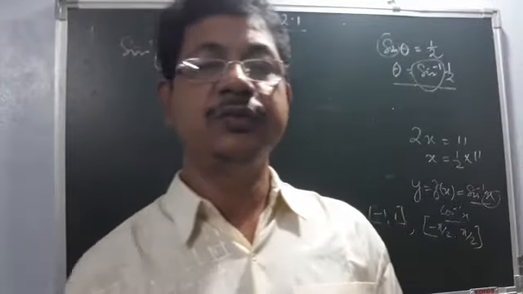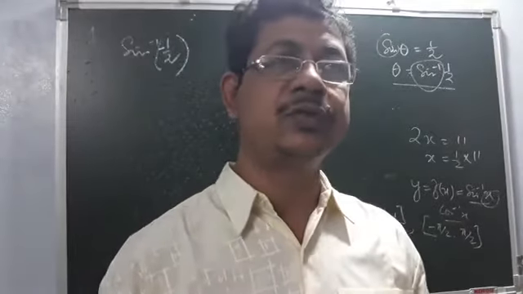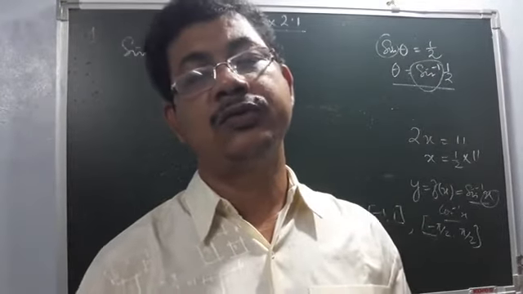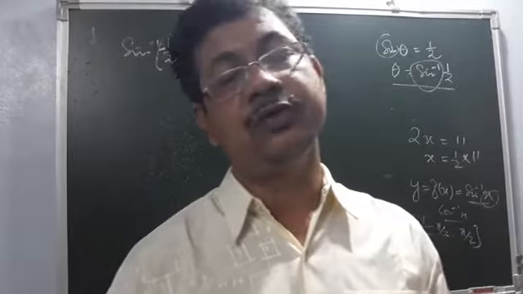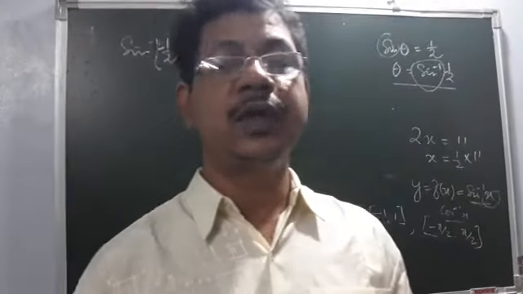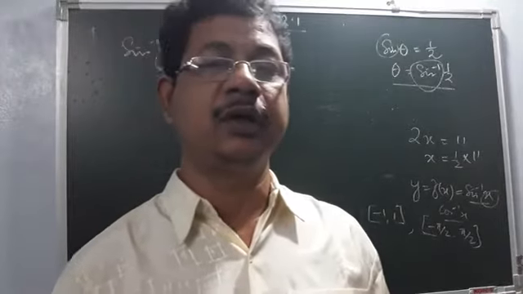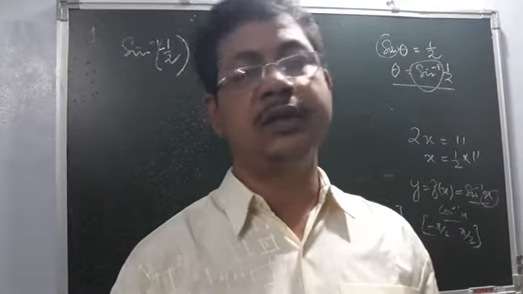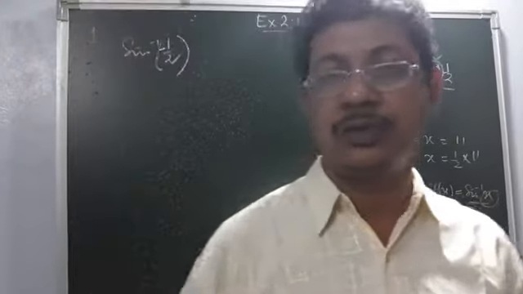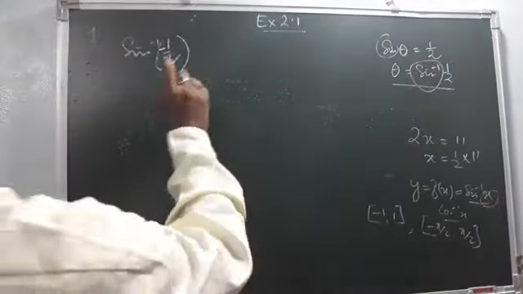But general values means all the values. Suppose sine 30, you can write sine 150 degree is also the same value, sine 390 also the same value. So we will get so many values, positive also, negative also. These are general values. They said only the main values we have to find.